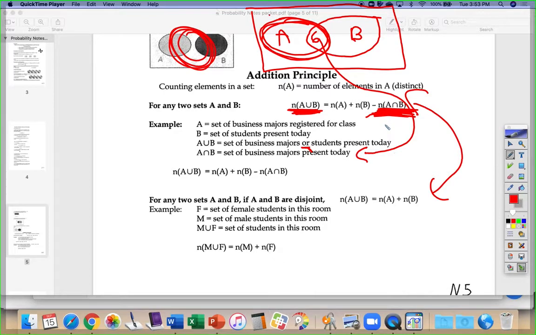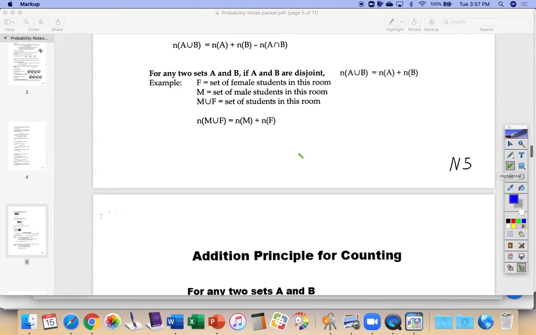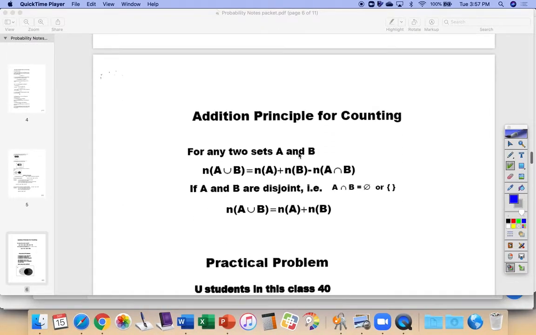Nobody is counted twice. That's essentially what this whole slide is saying: if someone is counted twice, like in this Venn diagram where there is an overlap, you have to subtract them once to get the right amount of people. Let's move on and make it a lot easier.